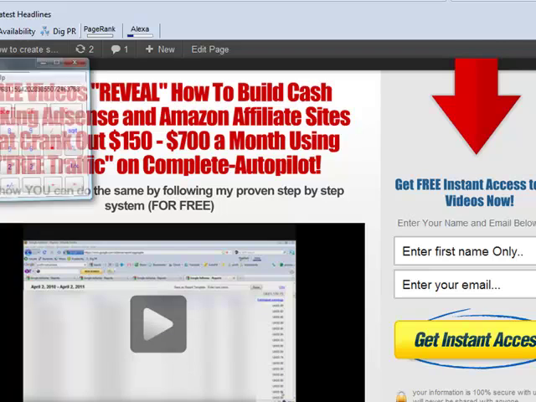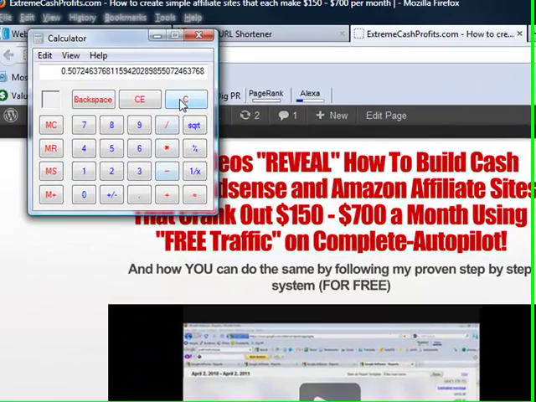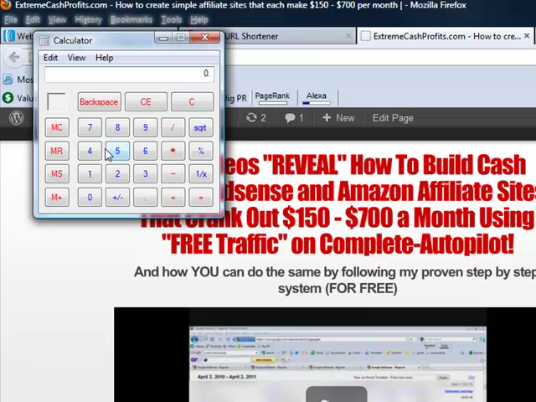Now next we need to check our EPC. So I'll get the calculator up. So what we need to do is think about how much we paid for the ad. Now for that particular ad that I just showed you, I paid $35. So what you need to do is put in the amount that you spent on the ad, and then you have to divide that by how many opt-ins you received.